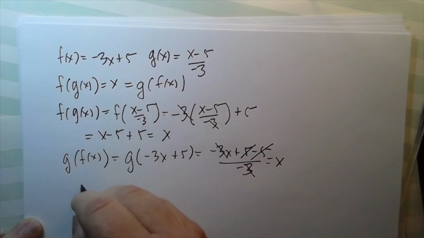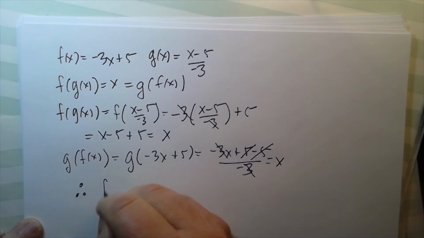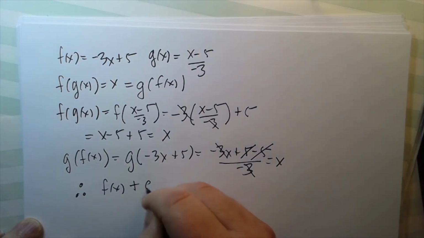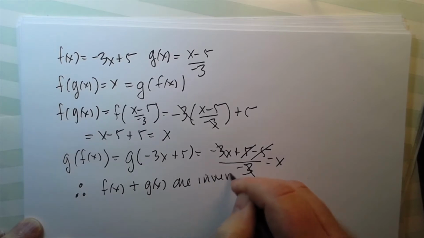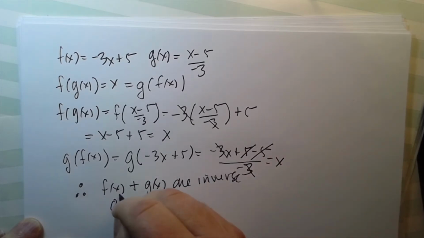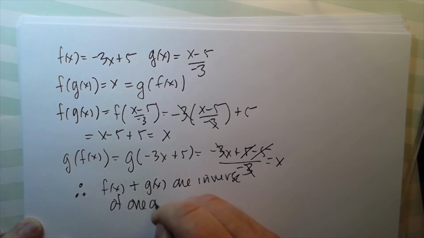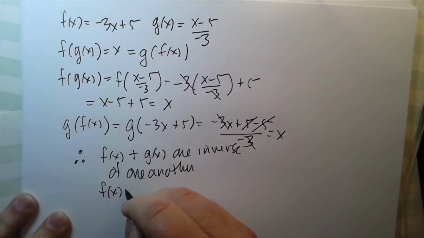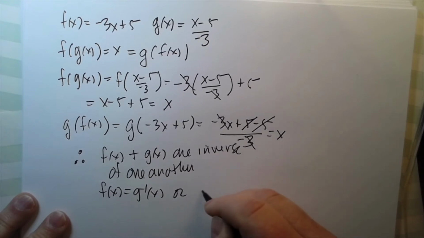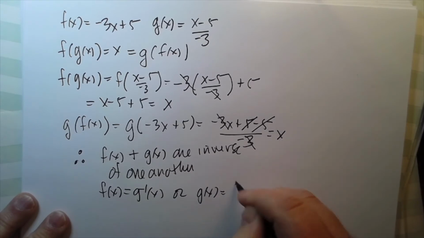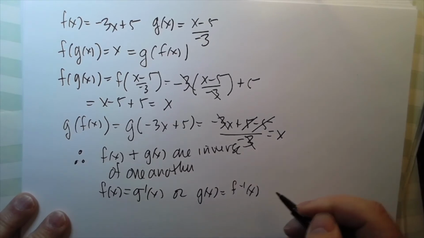So therefore, f and g are inverses of one another. So what we could do is write f of x is equal to g inverse of x, or I could write that g of x is equal to f inverse of x.